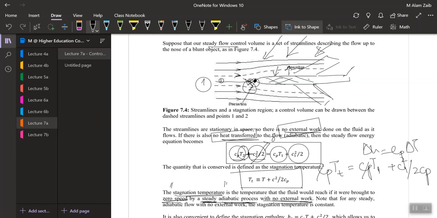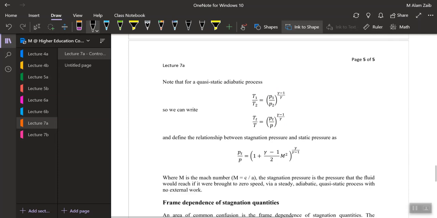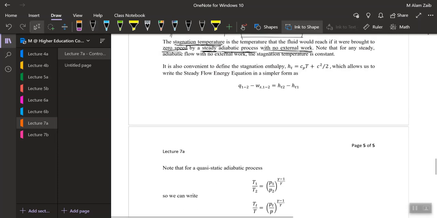We are interested in the temperature at the surface of the aeroplane, or the pressure at the surface of the aeroplane. So this would be the stagnation temperature and stagnation pressure of the object on its surface. It is definitely of prime importance.